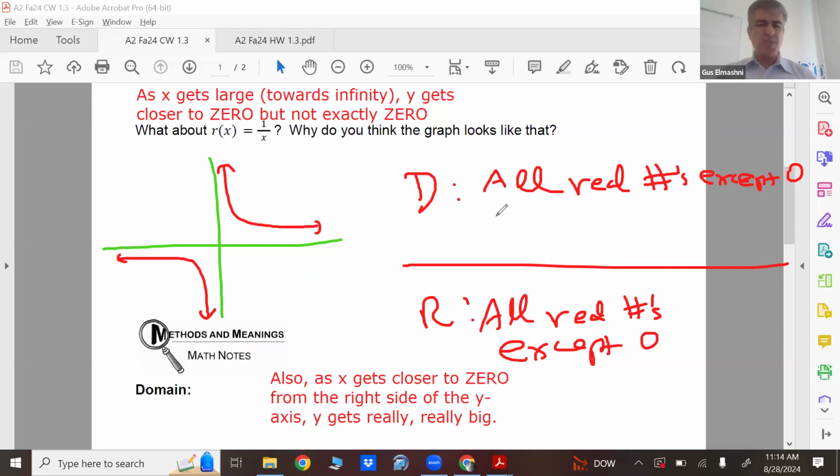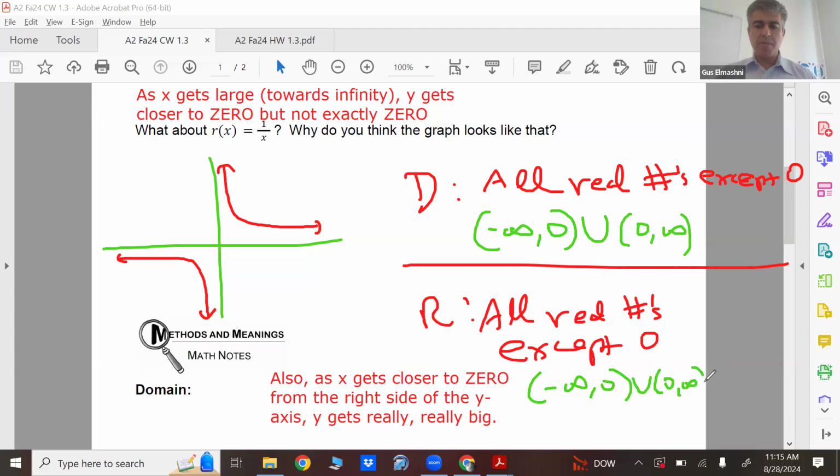Now, to do interval notation, it's kind of weird, but you write it like this. Why am I doing 2 separate things here for the domain?